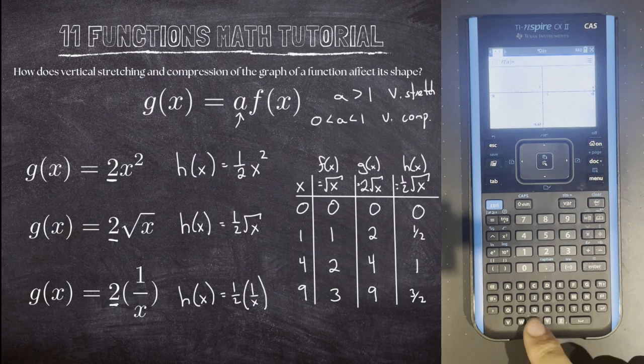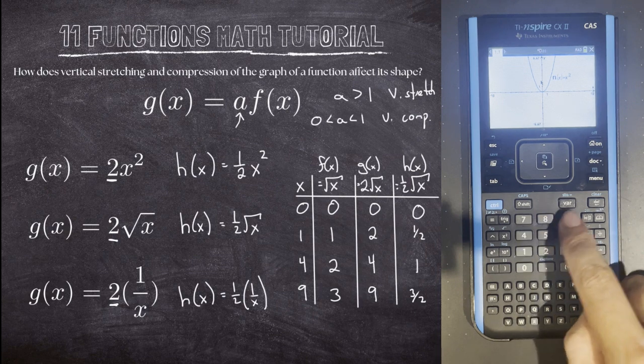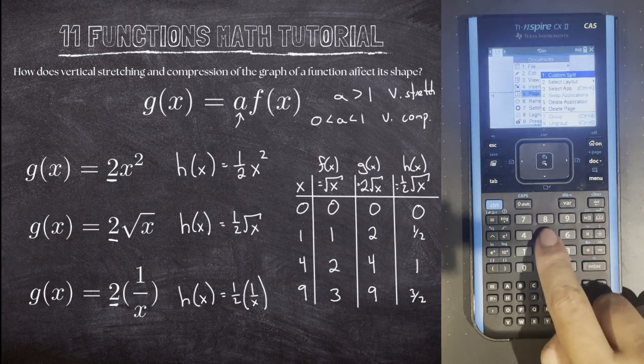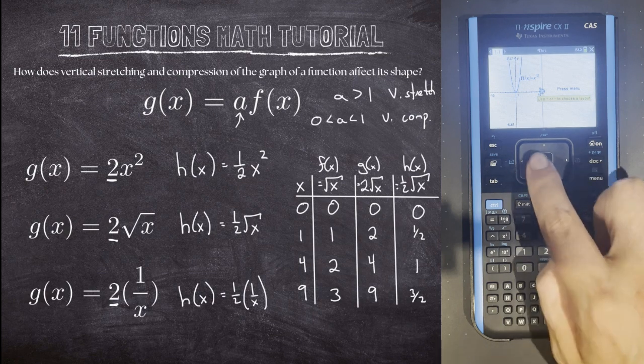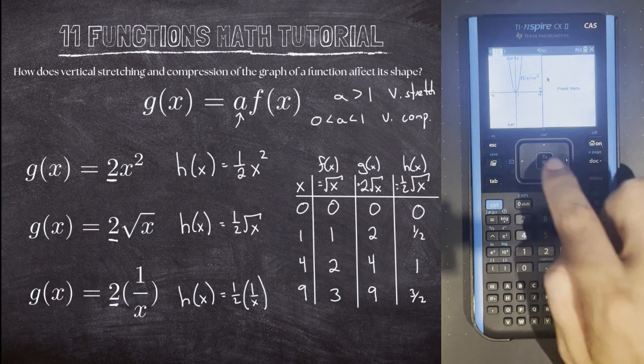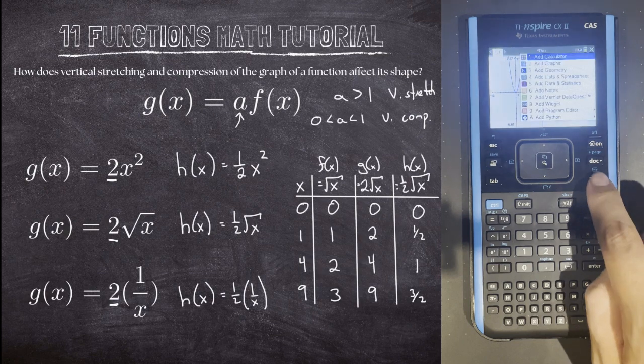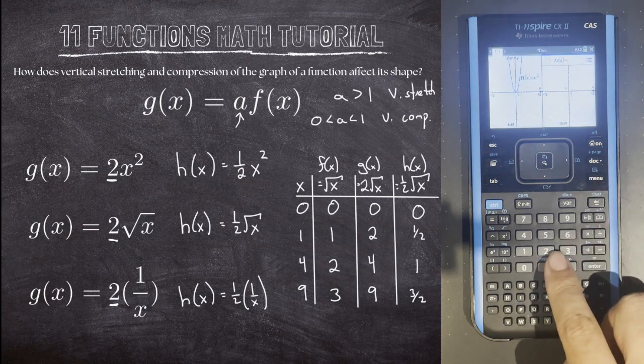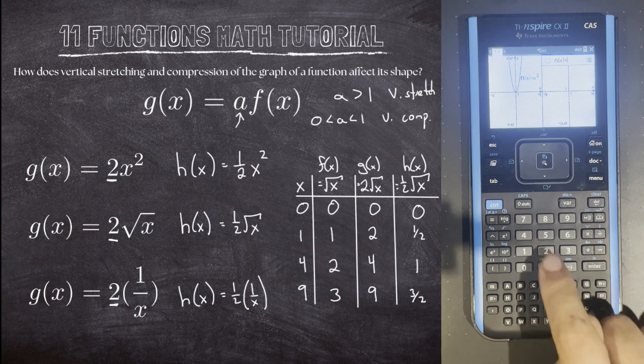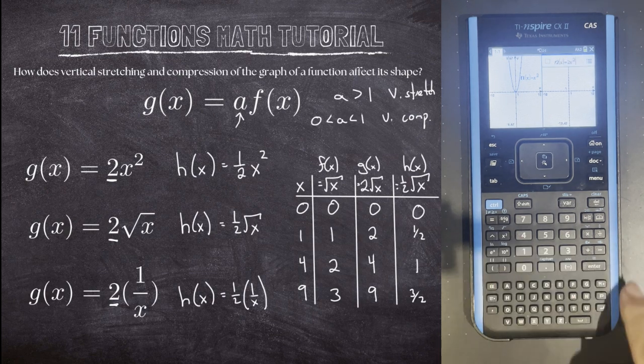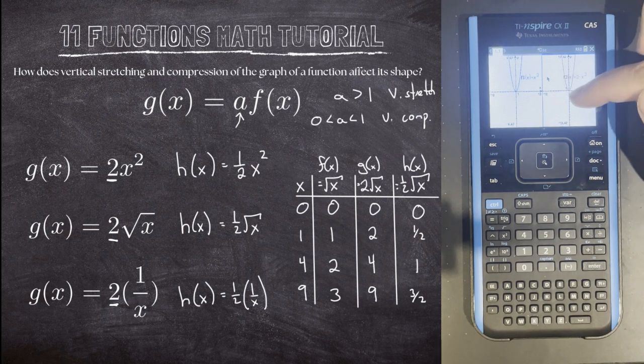All right, so let's start by graphing our parent function, x squared. And next to it, we will try 2x squared. Now on our calculator, initially they look the same, but if we look closely, you'll see that the y-axis is slightly different.